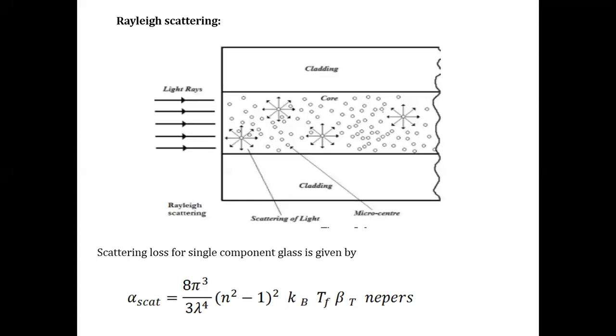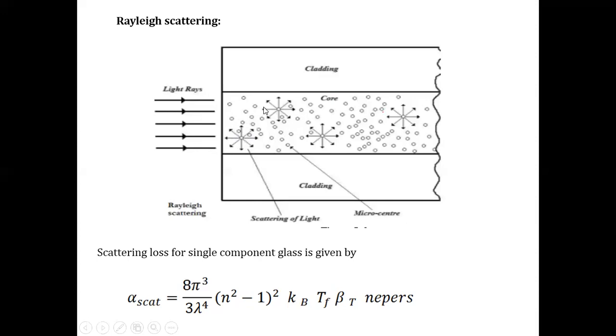In the manufacturing process of fiber, we have to cool the fiber, right? In that case, a slight change in the density will produce some scattering. So when the light ray strikes these zones, it gets scattered in all directions.